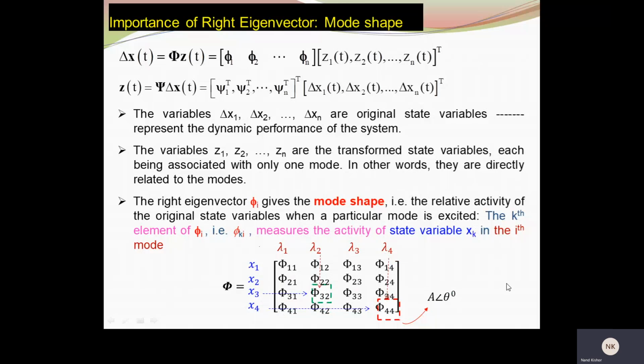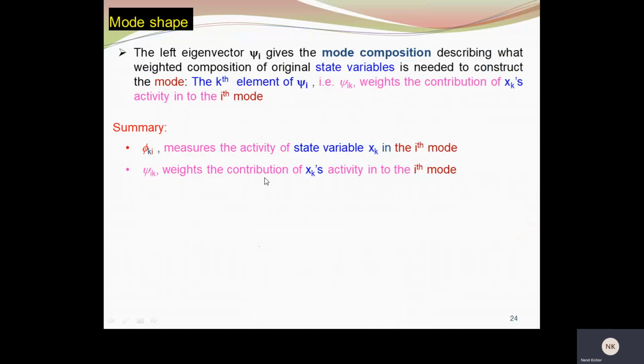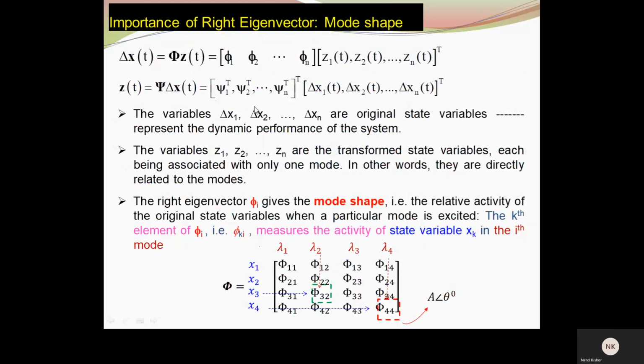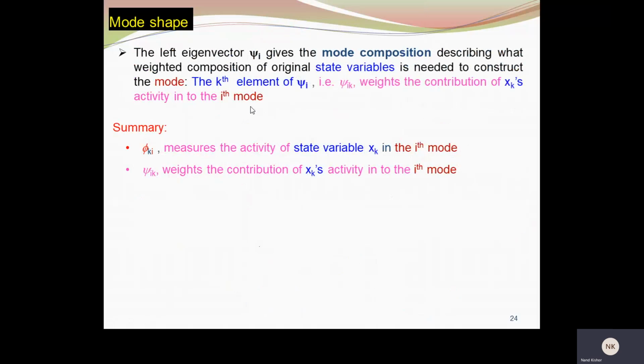As we move to the next slide, if we have the left eigenvector, psi i, it gives the mode composition, and it describes the weight composition of the original state variables for a particular given mode.